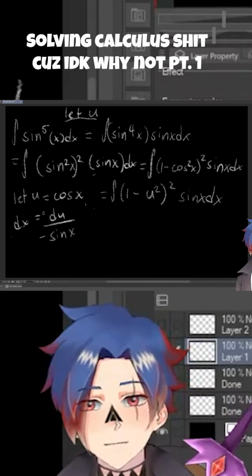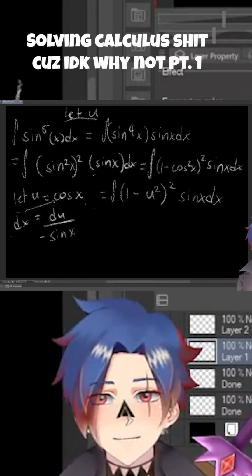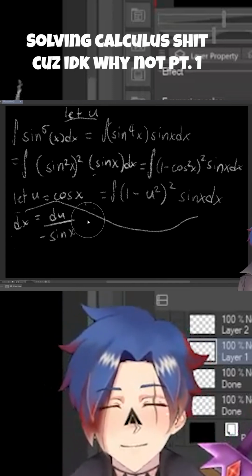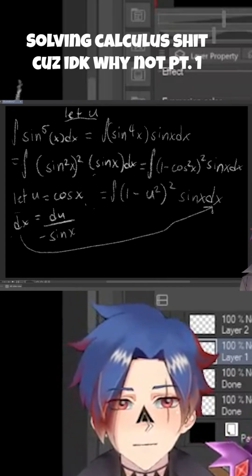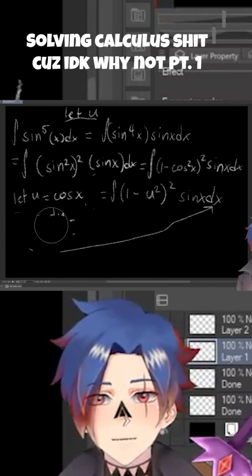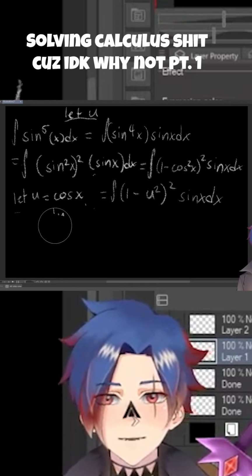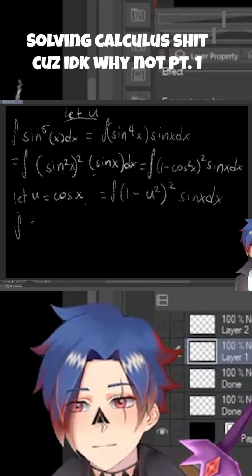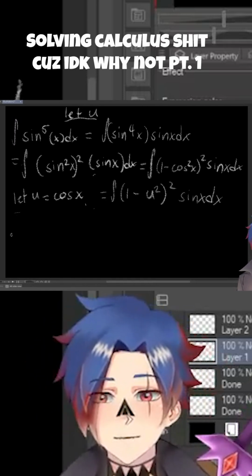So this is what we're working with now. Oh look, there's dx, it can be usable. So dx, what do we do now? We're gonna plug it in and write it. This is gonna be the flow of our equation.